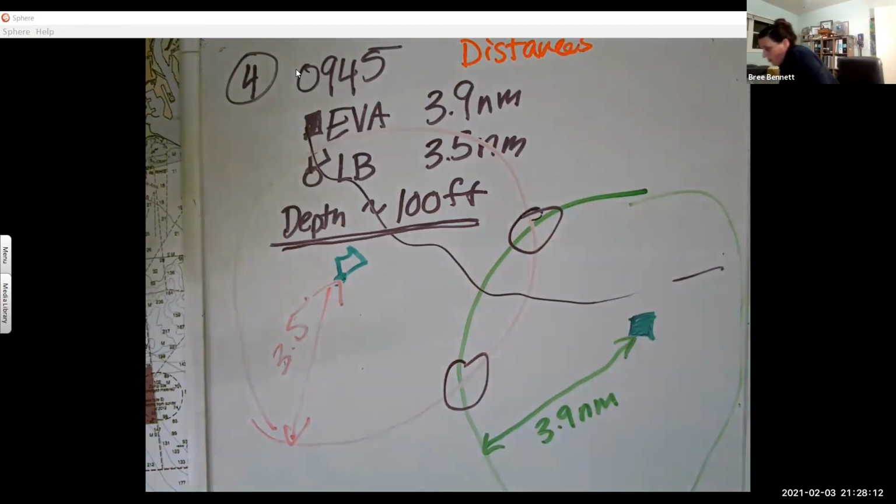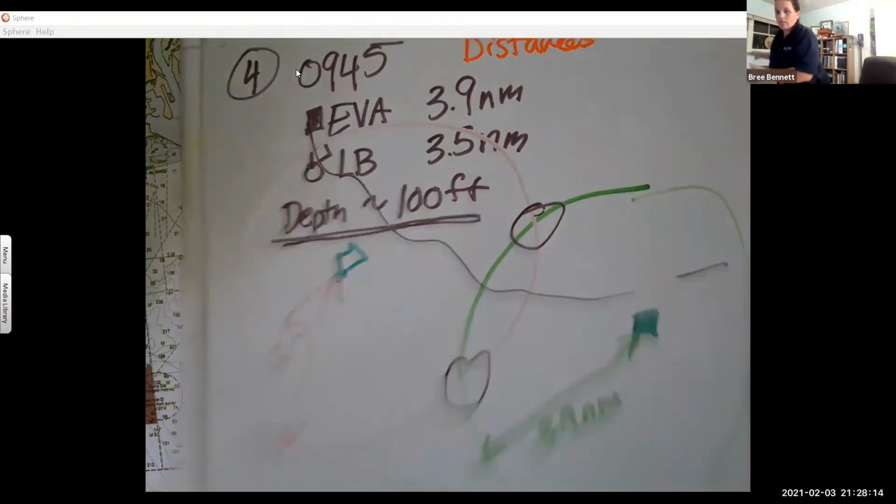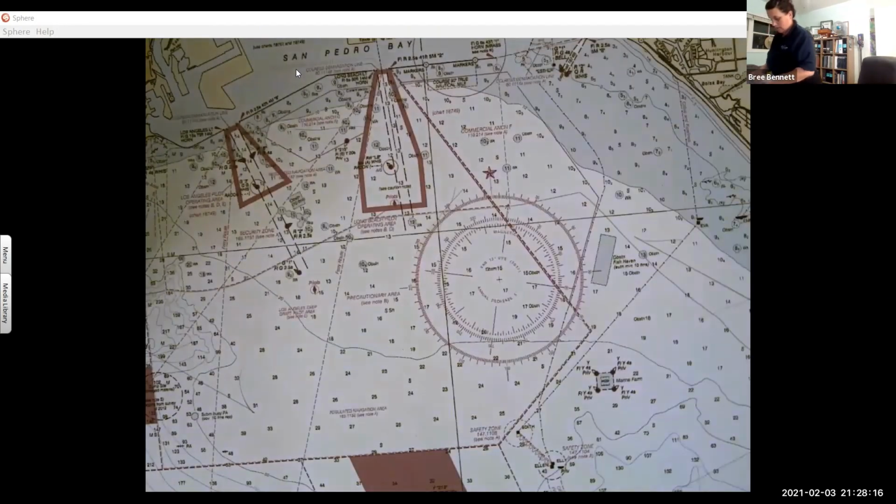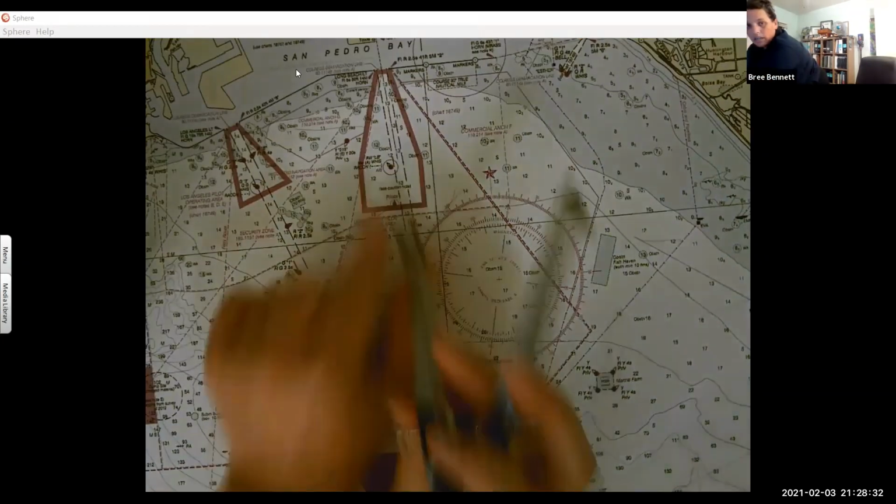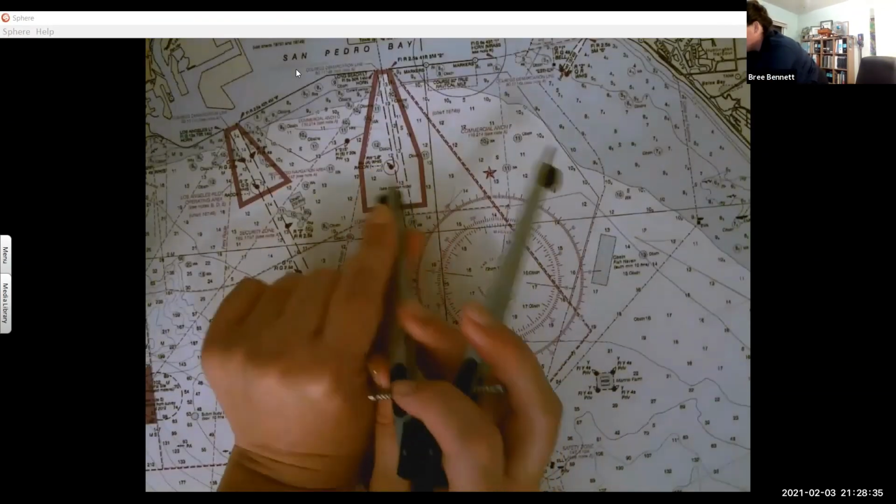So let me create those arcs. 3.5 was LB. So here is our LB buoy.